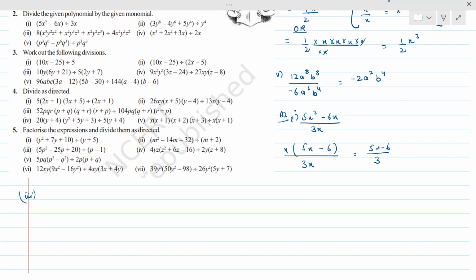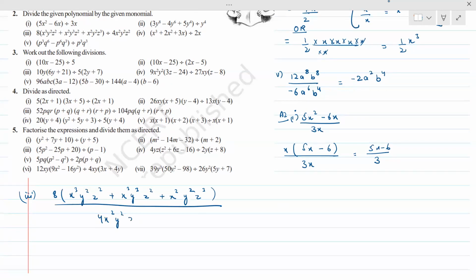The answer 2 third part is 8x cube y square z square plus x cube y cube z square plus x square y square z cube divided by 4x square y square z square.